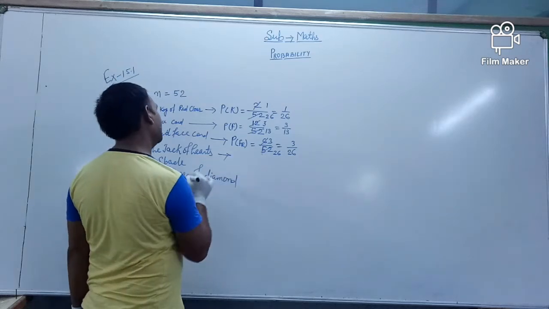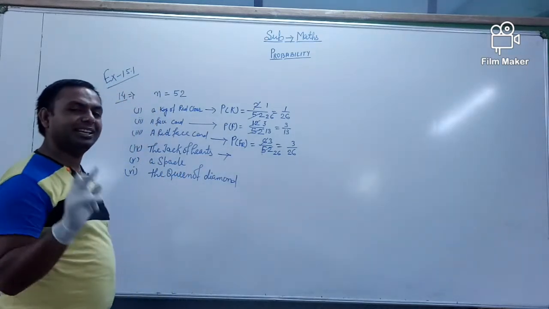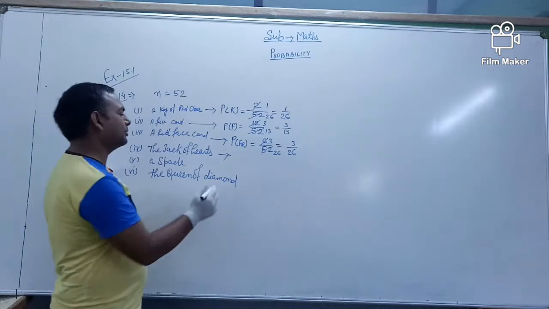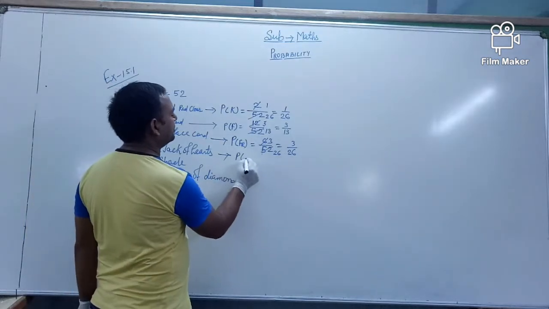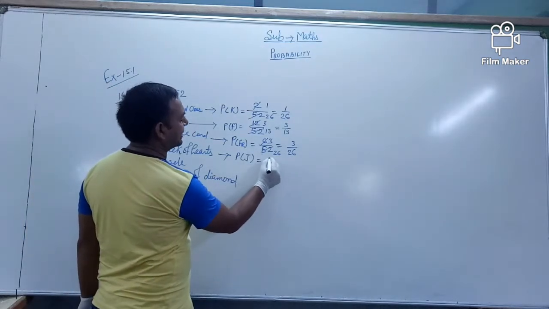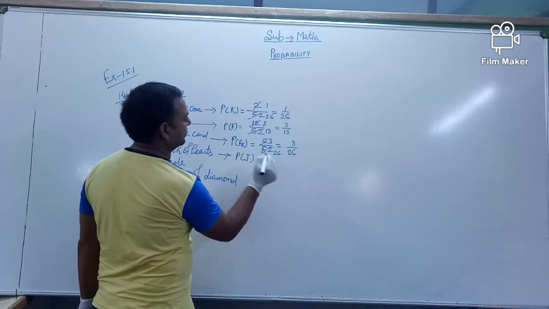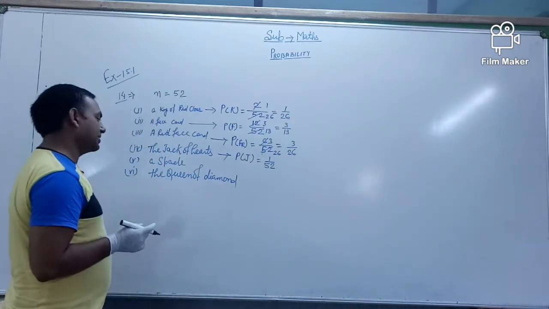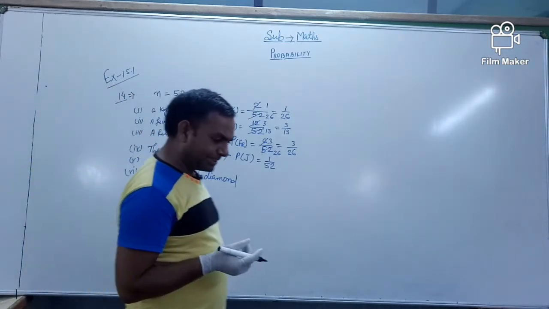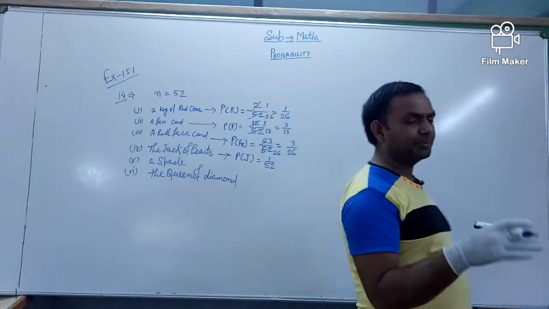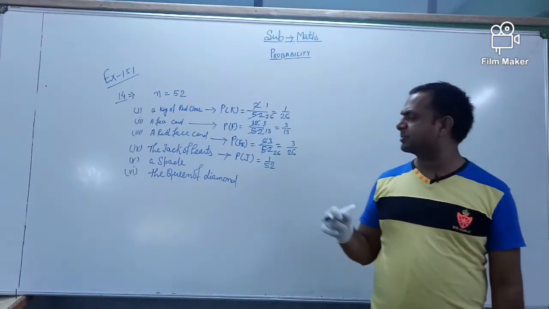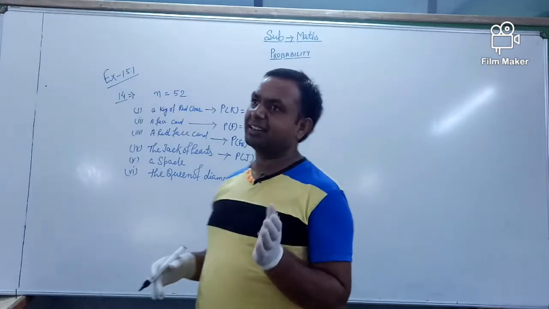Jack of heart. There is only one jack of the heart. So the probability of J, jack of heart, is equal to 1 by 52. Then spade. There are 13 cards in each suit, so there are 13 cards in spade.